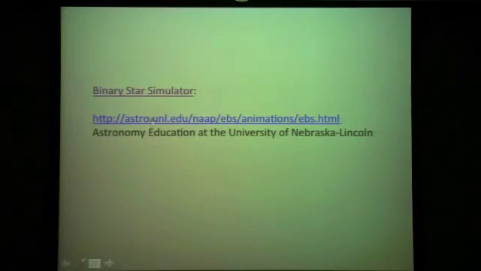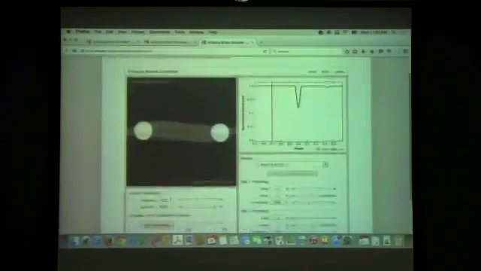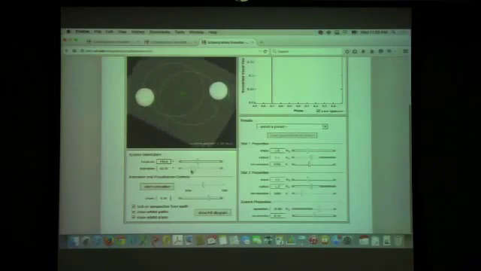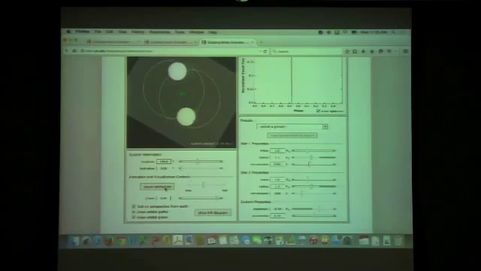So I have a simulator for you to look at, and I think the internet is working. I have to make an adjustment here. We have two stars in orbit around each other. I'm going to have you look at the stars as if we're above the orbital system. Most of us, when we think about planets orbiting stars, think that way, but you can't.